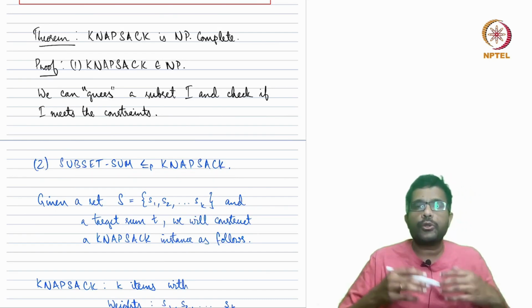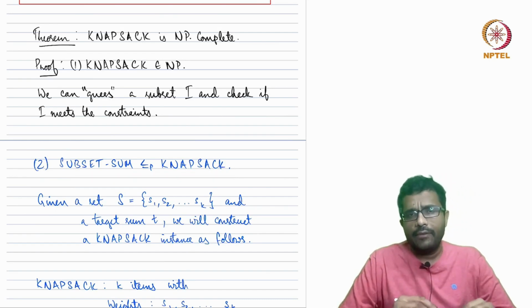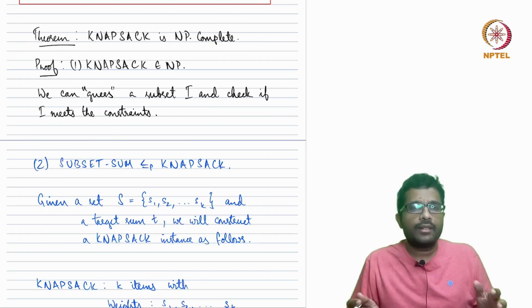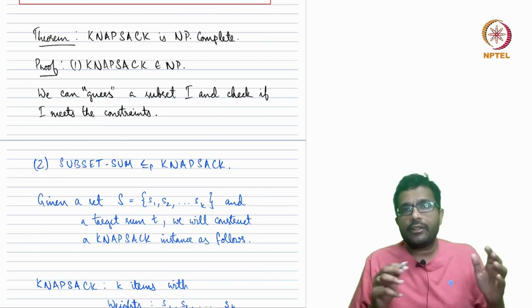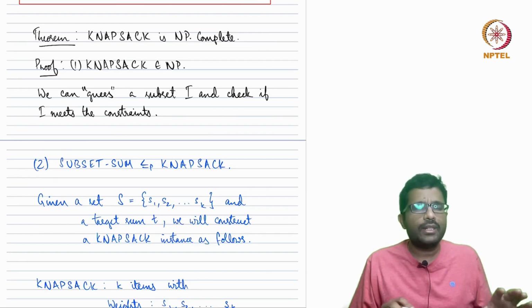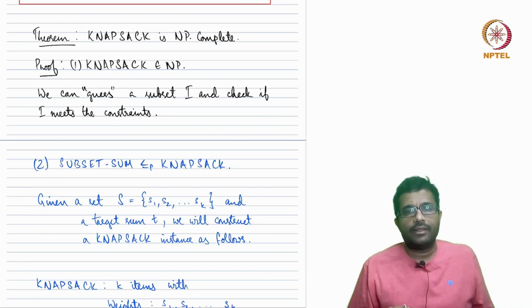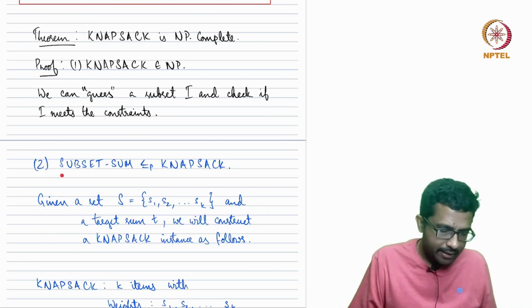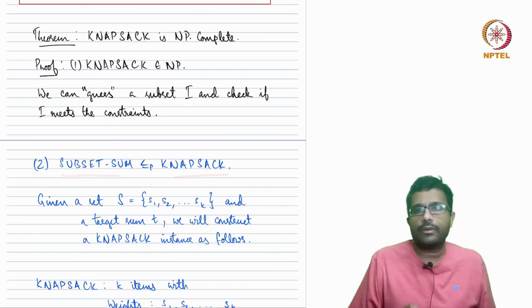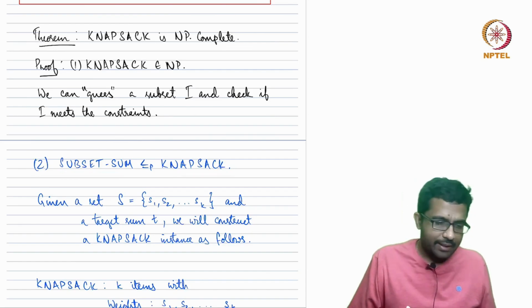When you want to show that a certain language is NP complete, we try to look for problems that are similar to this, that are known to be NP complete. Usually these problems turn out to be easy to get a reduction from, right? So since subset sum is similar in some sense, we are going to reduce from subset sum. So what is subset sum?